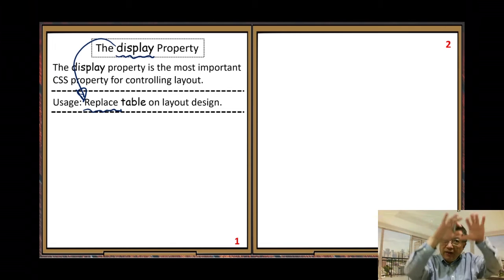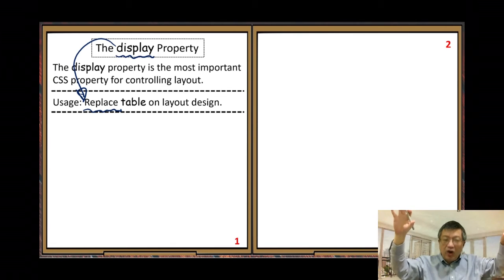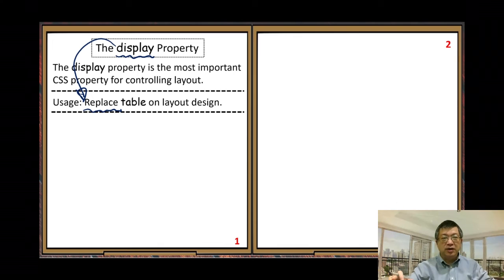Then within that frame, that format, you can change a little bit to do the layout. Now, when you go to the CSS way, you have a lot more freedom to organize your layout.